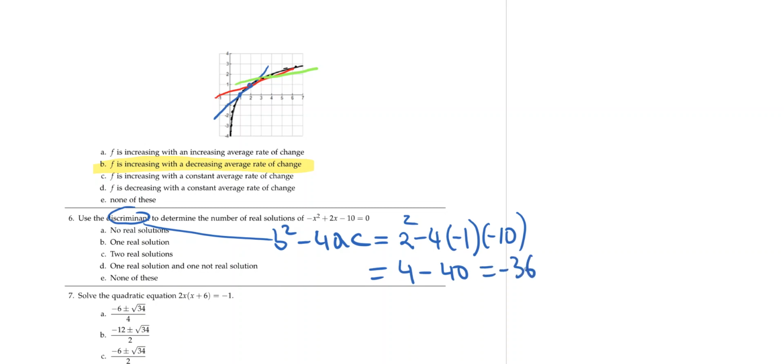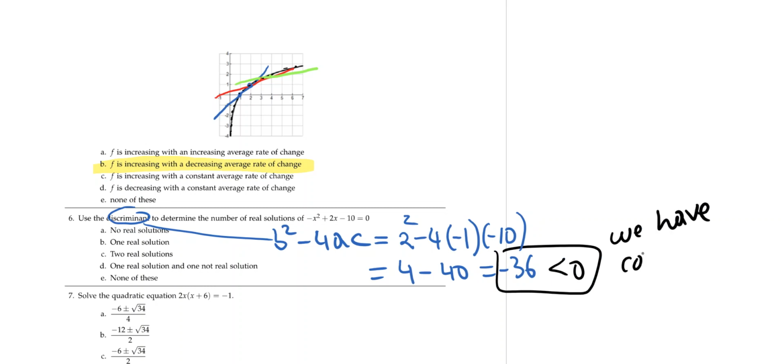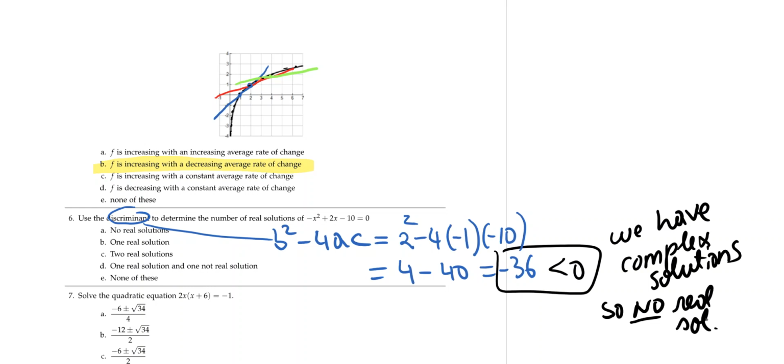This is -36. So now you also have to remember that when the discriminant is less than 0, so the discriminant -36 is less than 0, that's when we have complex solutions. So no real solution. So the number of real solutions is none.